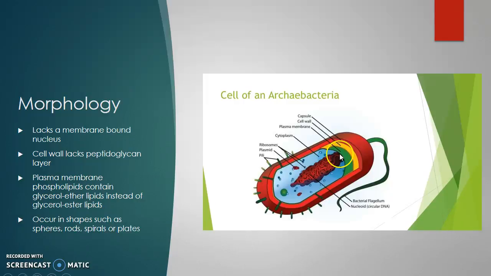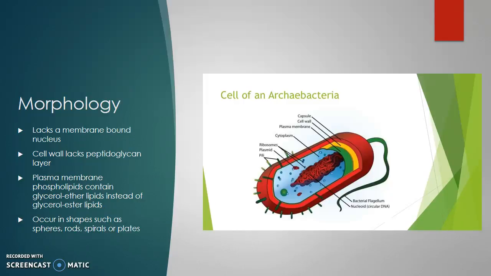Another way that the archaea is different from both bacteria and eukarya is the plasma membrane, labeled here in green. The phospholipids contain glycerol ether lipids instead of glycerol ester lipids, which basically makes the cell stronger or more resistant to chemical stress, which may allow these microorganisms to thrive in more extreme environments.